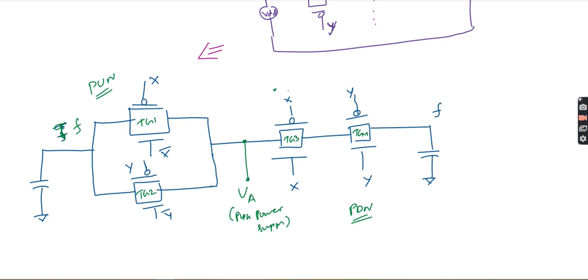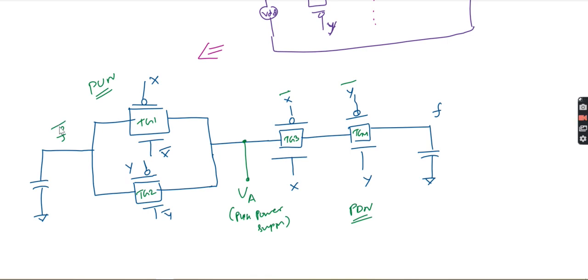Then this will be your X bar, this is X, then this will be Y bar, this will be your F, and this will be your F bar.